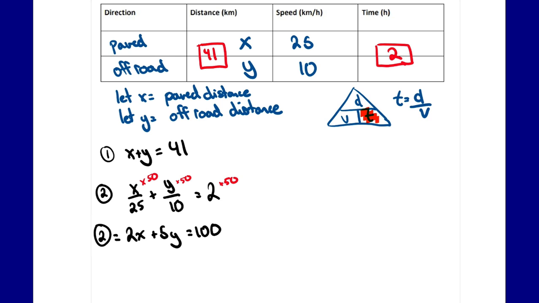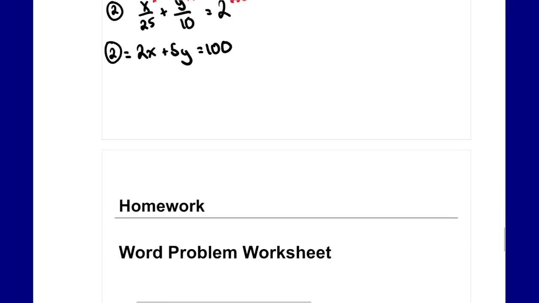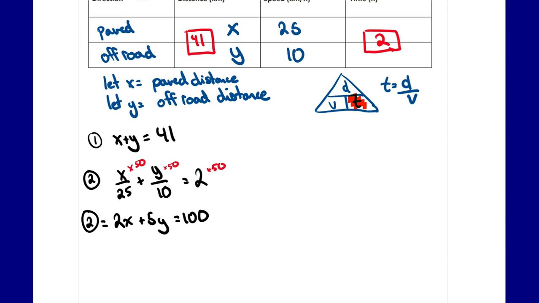So now that I have my two equations, we need to solve by elimination or substitution, right? It's up to you which one you want to do. I would say either one would work because of how they're laid out.